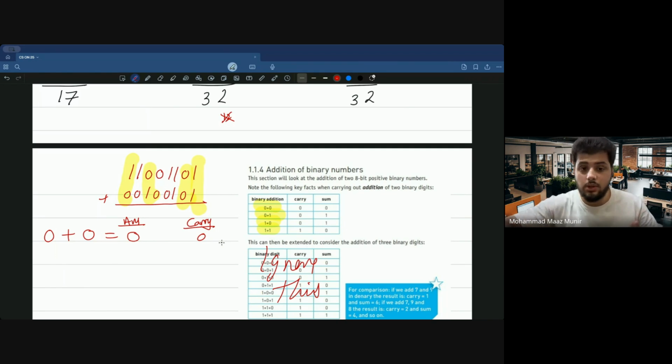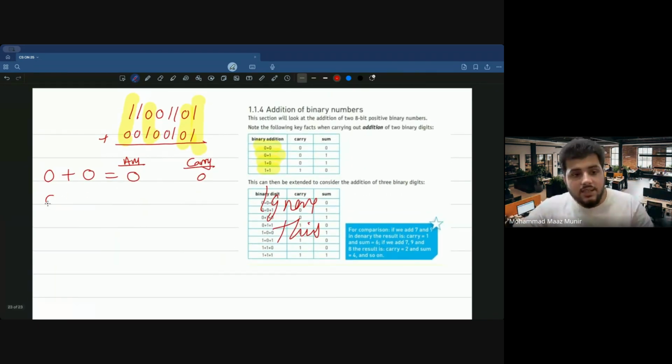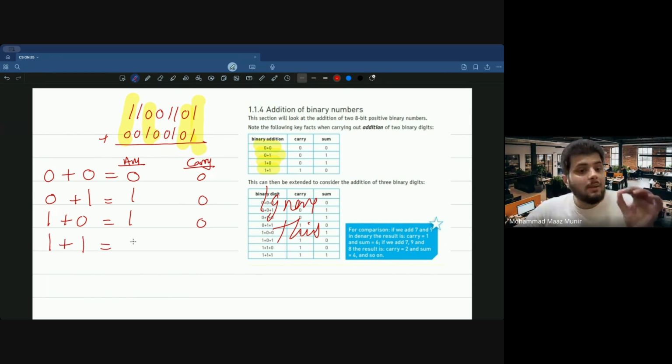Okay, this is something you need to memorize. Let's say we have a 0 plus 1, the answer will be 1. Okay, but the carry will be a 0. And then let's say we have the other way, 1 plus 0, the answer will be again just like before, a 1, the carry will be a 0. But if we have a 1 plus 1, the answer will be 0, but we will have a carry.